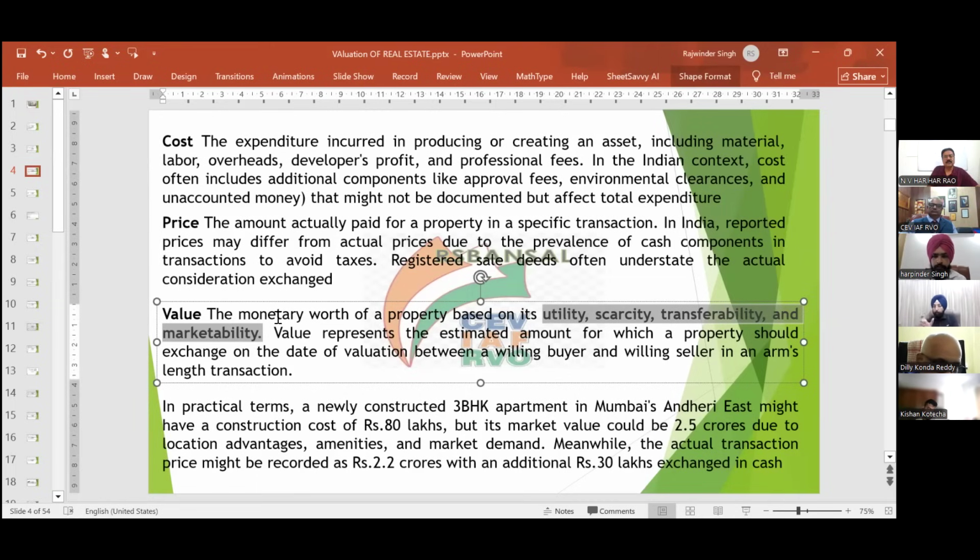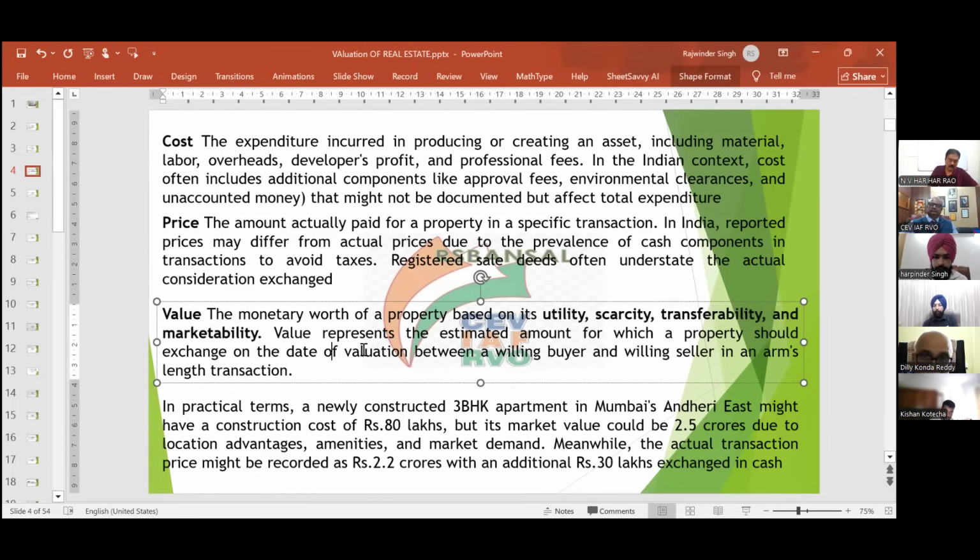So value is monetary worth of a property based upon its utility, scarcity, transferability, and marketability. These are four elements of value which Sandeep ji have already told you.